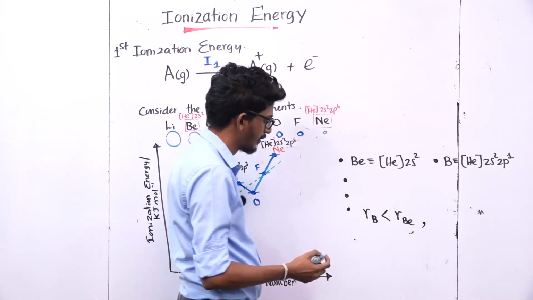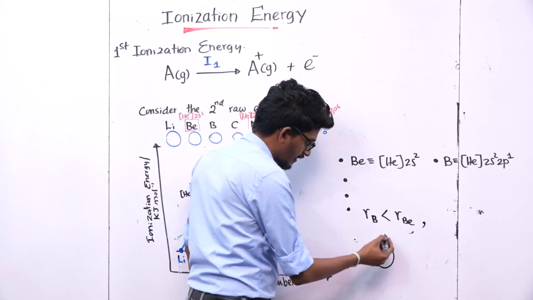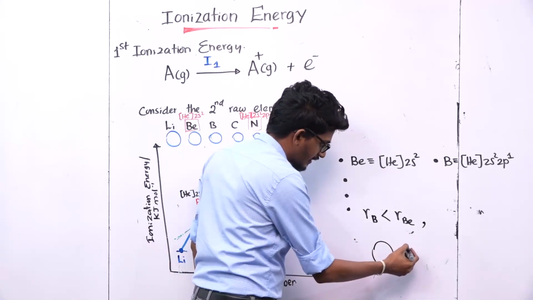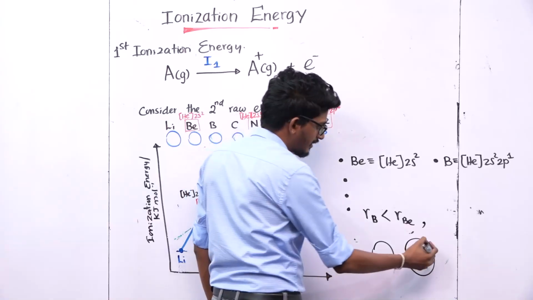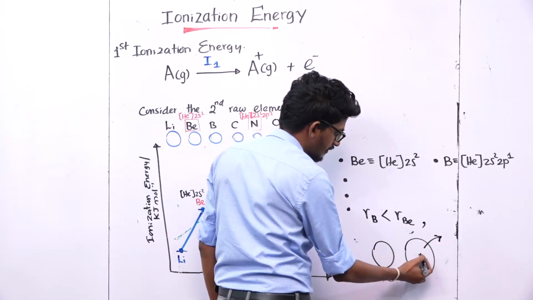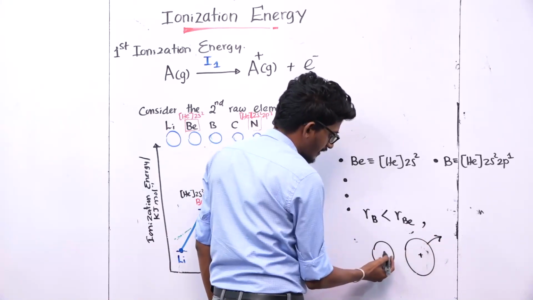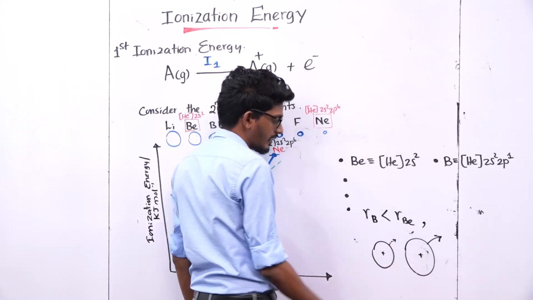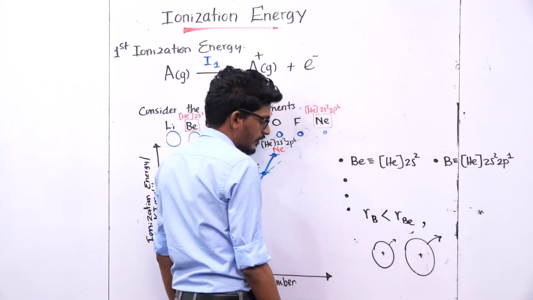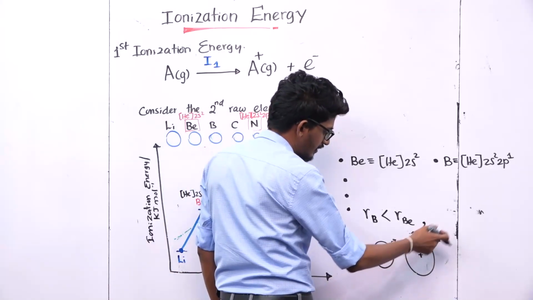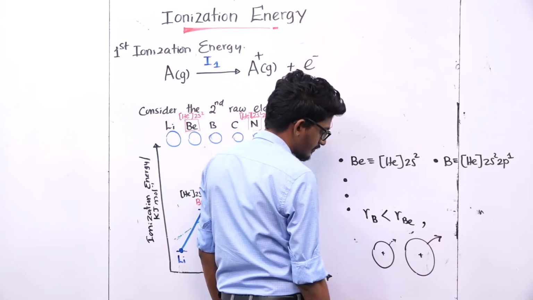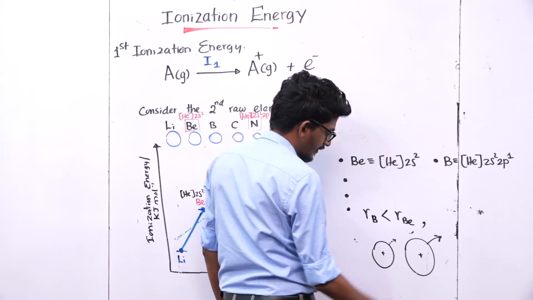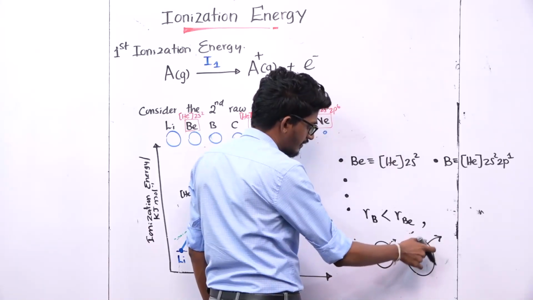Normally, if you are with a larger radius, we expect this one to release electrons more easily than the other one. Because when you are larger, you can release easily, as you have greater distance between the nucleus and the removed electron.